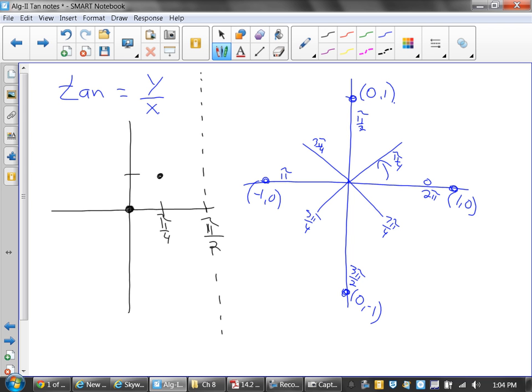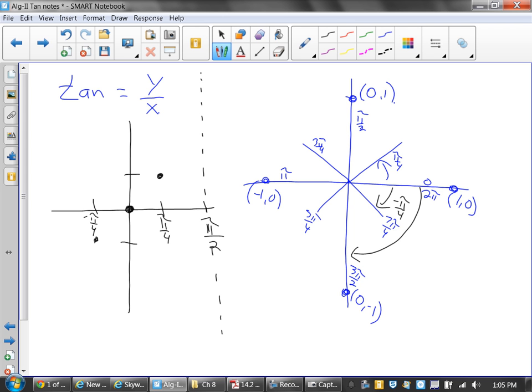Everybody agree with that? Let's go the other direction. If I go this direction, that's negative pi over 4. Do you agree? At negative pi over 4, what was the value of tangent? It's negative 1. If I come down again to negative pi over 2, what was the tangent at negative pi over 2? It's also undefined.